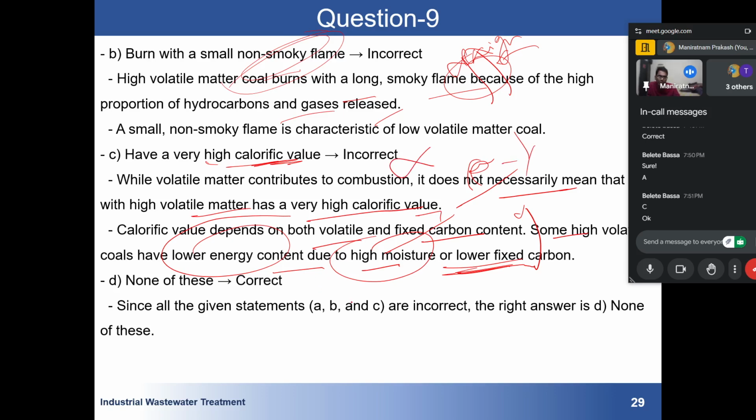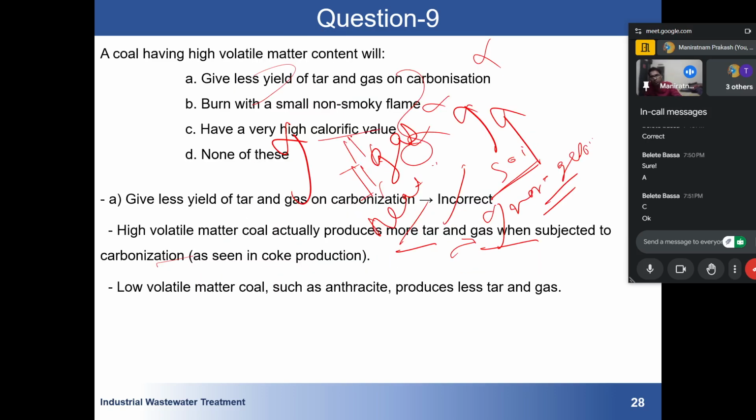As all options are incorrect, the correct answer is D. This is not so good a question, but you have to go on the universal side, which is universally correct. High volatile matter won't always have high calorific value. High calorific value depends upon many things. So the correct answer is D.